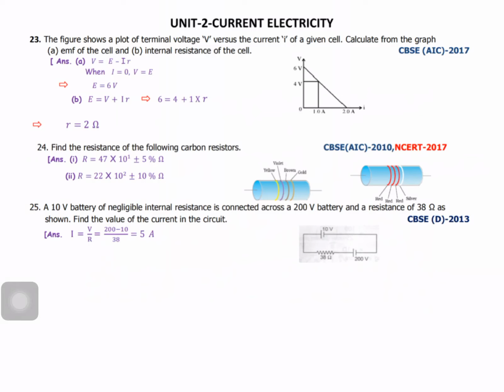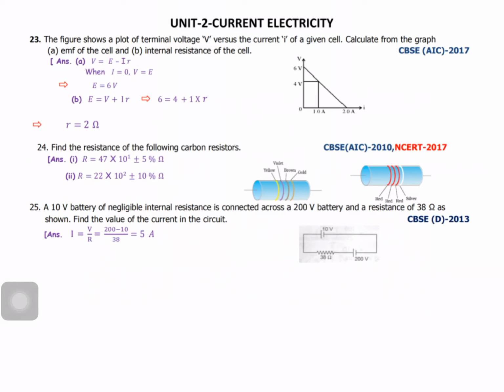Then substitute: 6 equal to V plus I R. V equal to 4, am I right? 6 equal to 4 plus 1 ampere into resistance R, which we don't know. Rearranging the equation, we get R equal to 2 ohm.